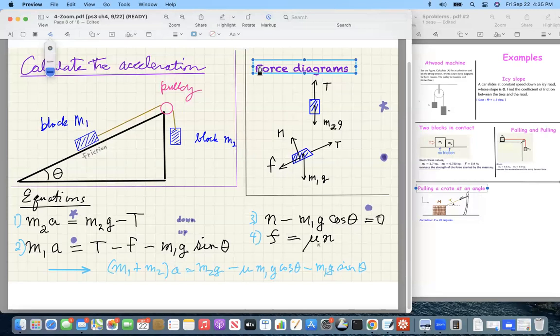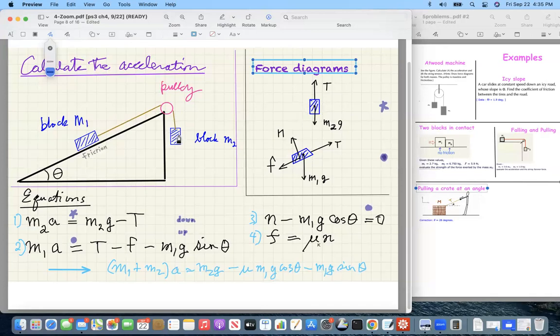It's called tactic number 1, which you read about when you read the chapter. It's how you do calculations with Newton's second law. You draw a force diagram.